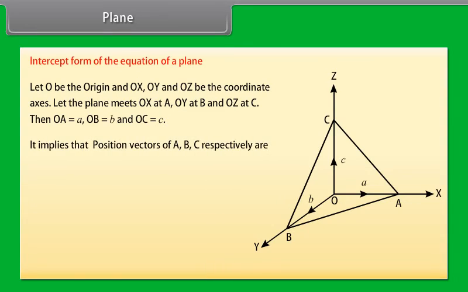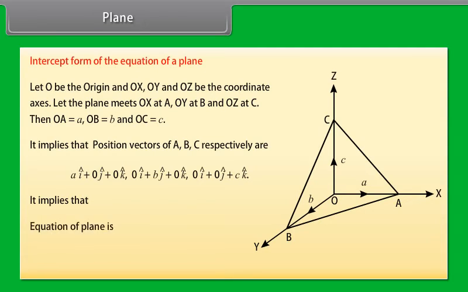It implies that the position vectors of A, B, and C respectively are a cap i plus 0 cap j plus 0 cap k, 0 cap i plus b cap j plus 0 cap k, and 0 cap i plus 0 cap j plus c cap k. It implies that the equation of the plane is x by a plus y by b plus z by c equals 1.